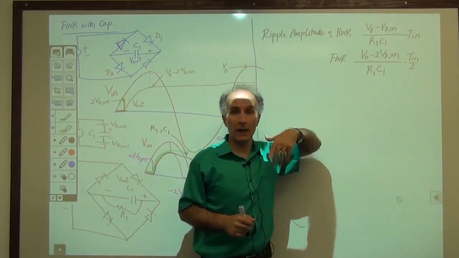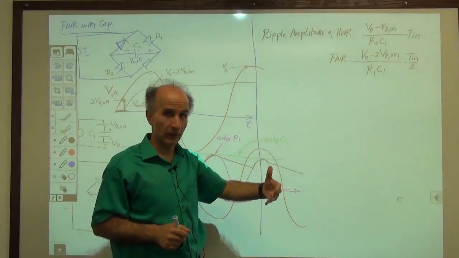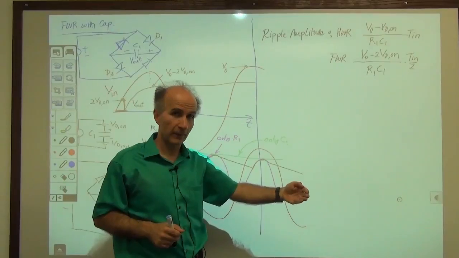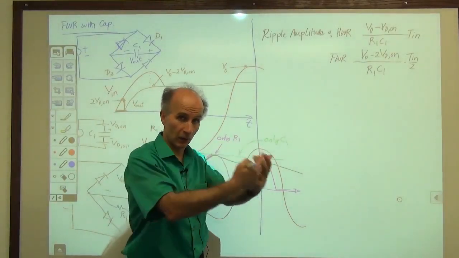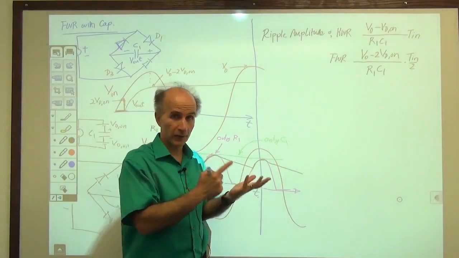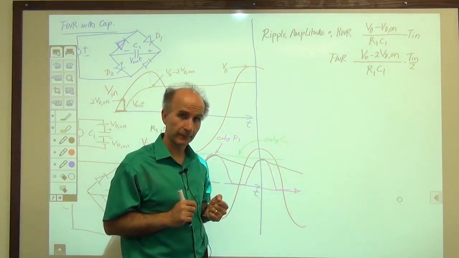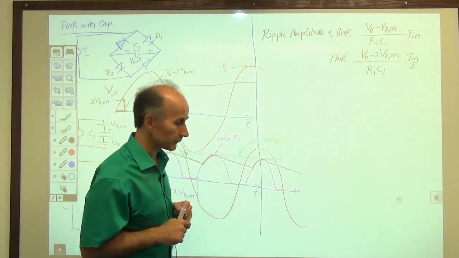So generally, we say a full-wave rectifier has about 1/2 the ripple of a half-wave rectifier, assuming that we have the same type of R1 modeling the load that draws a current, and the same C1, and of course the same input frequency. And that's one advantage of the full-wave rectifier.